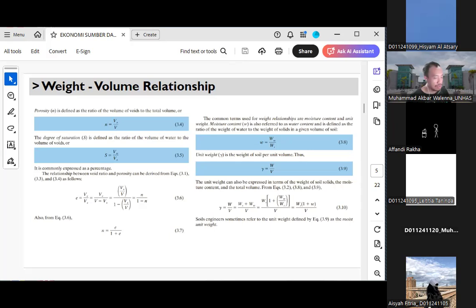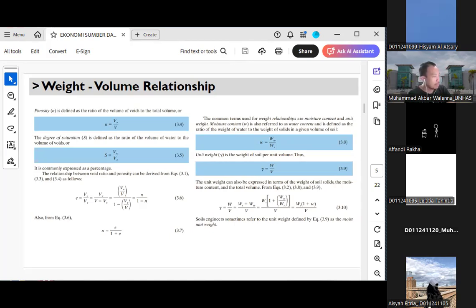In the context of the field, most natural soils are somewhere in between. We can find soil in a state of being completely dry, which is why we call it dry soil, or in a state of being fully saturated.